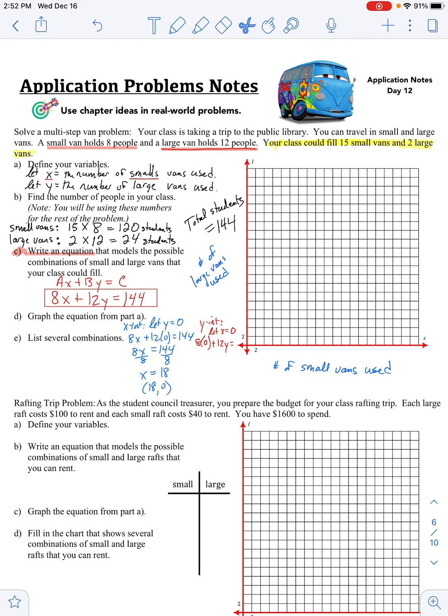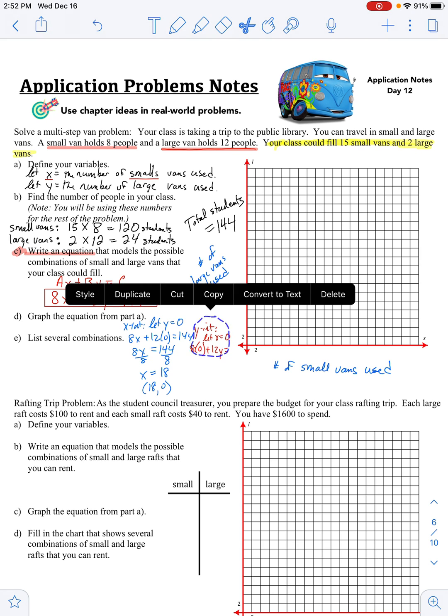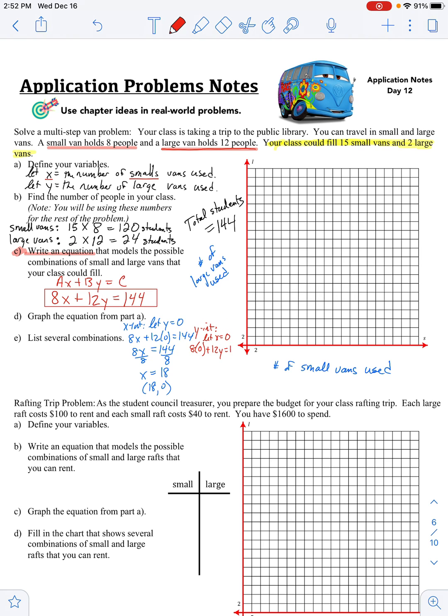Let me see if I can do a better job with this. Which is going to give me 12y is equal to 144 divided by 12, and y is equal to 12.